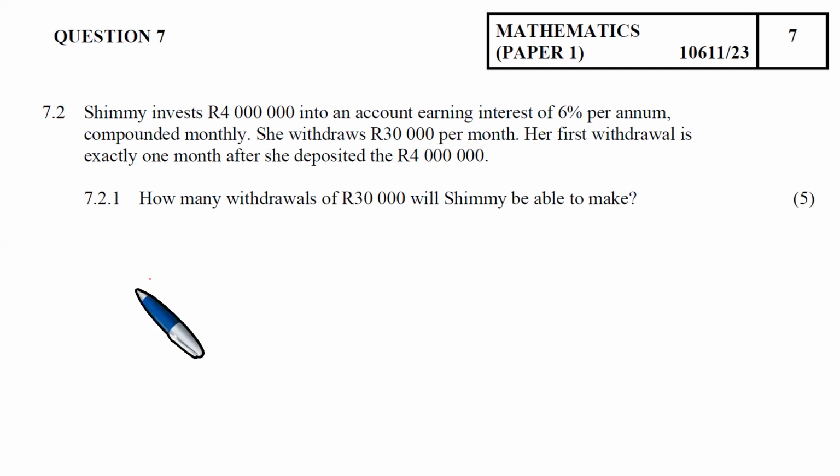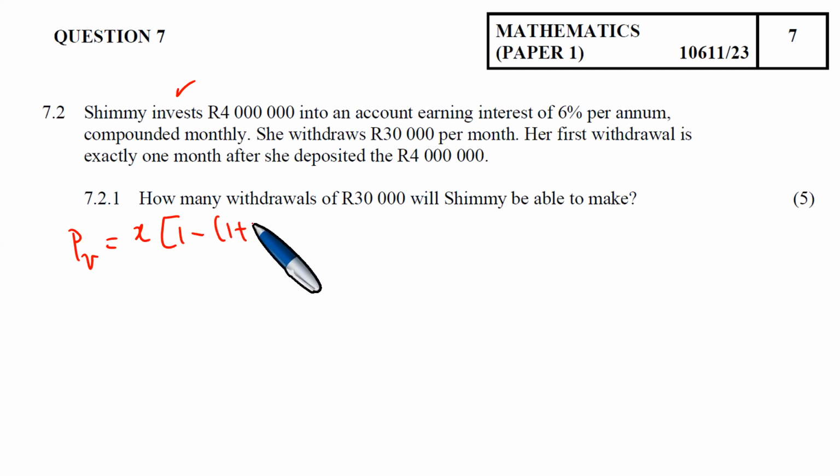Because this is an investment and the money is available now, we're going to use the present value formula. Present value equals x times 1 minus 1 plus i to the power minus n, divided by the interest rate i.